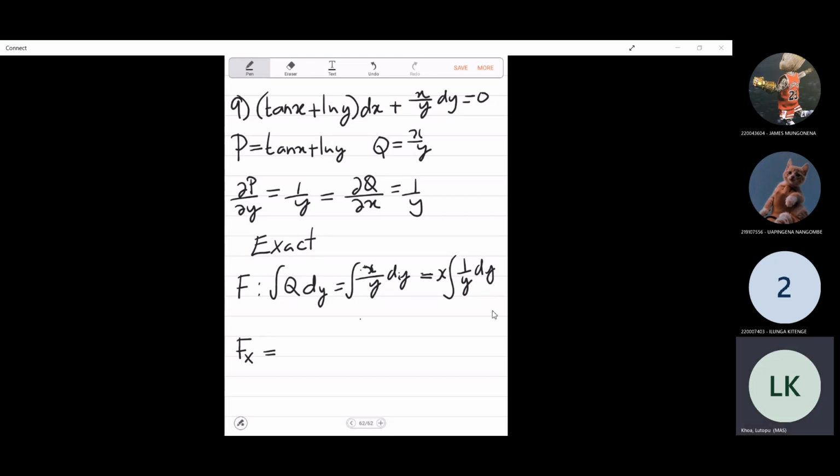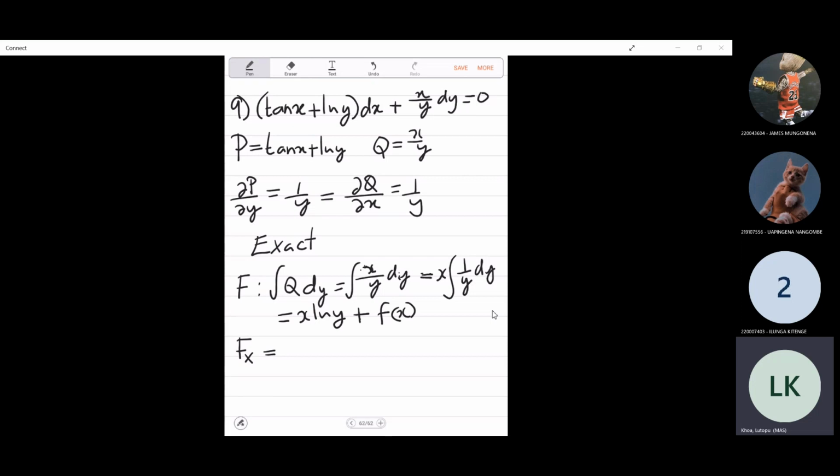Sorry. Now this gives us x ln of y plus our function in terms of x, which is f of x.